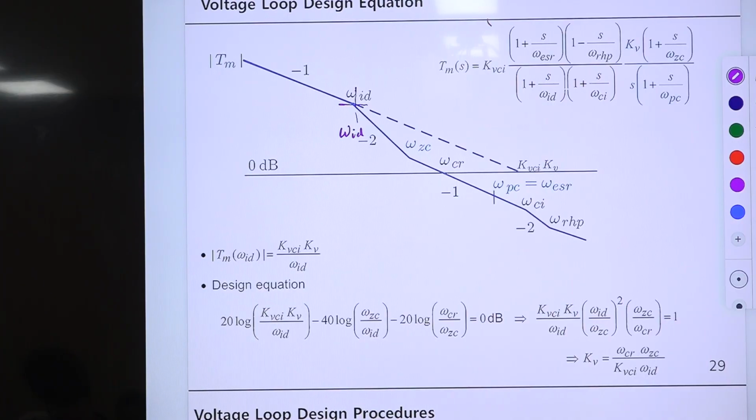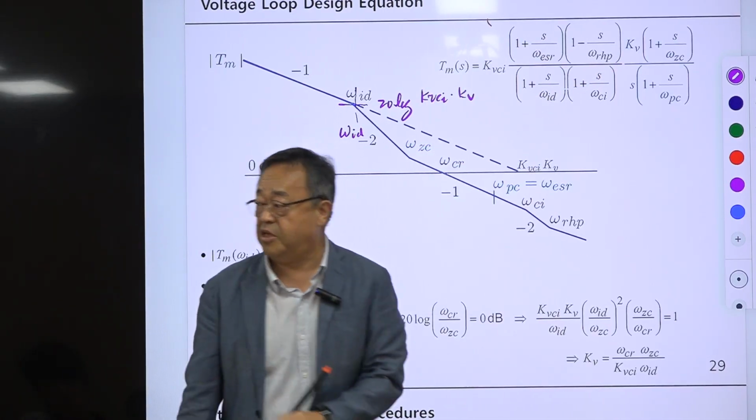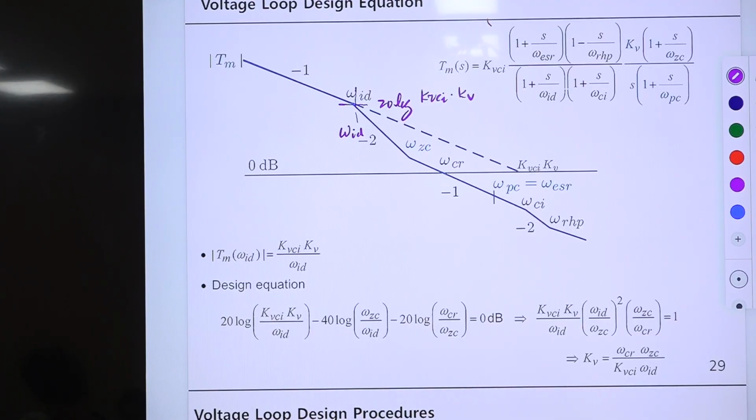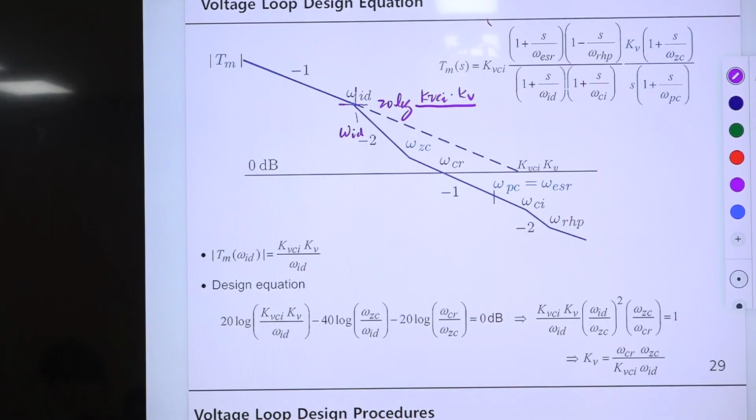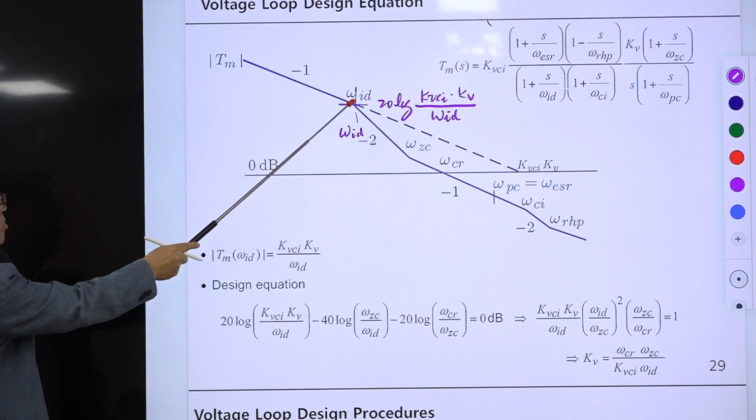Then this magnitude is 20 log of KVCI times KB, which is the DC gain of your compensation, divided by, originally the denominator was S, but we are evaluating this magnitude at this particular frequency. So omega ID is coming in downstairs. This is the asymptotic value at this point.